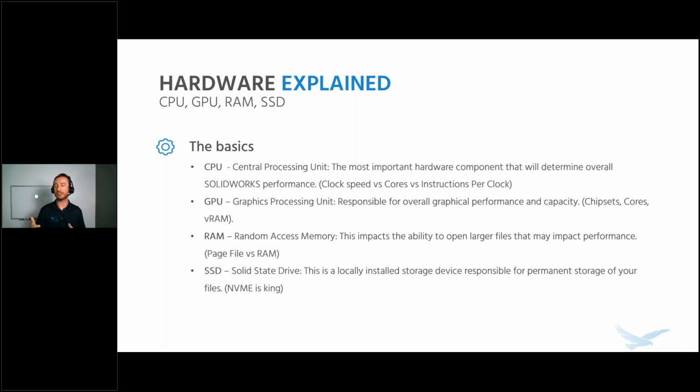But really all this determines in terms of your SolidWorks performance is how fast you open files and how fast you can save files back to your SSD. So if you're opening very large files and storing them locally and it's taking a while to open and save, you may want to consider what type of storage drive you have in your system, and look at buying an NVMe in your next build.